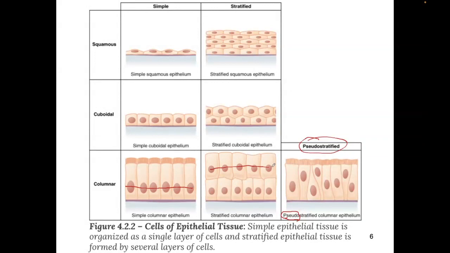In a simple epithelium they're all at the same level, so it's easy to tell whether it's one cell layer or multiple. In this one, it's one cell layer thick, but the nuclei are at multiple levels, so it gives the appearance that it's stratified at first glance, but it's really not. So it's called pseudo stratified columnar.